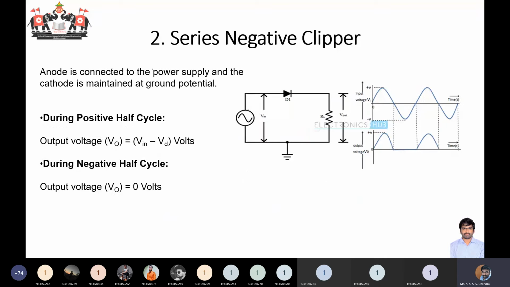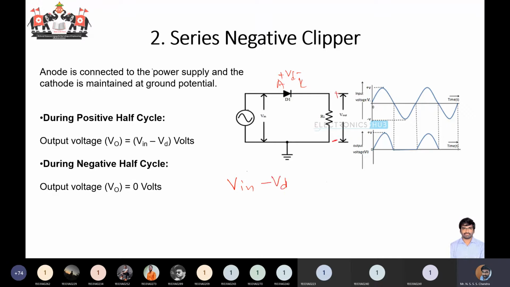Next, I will write the voltage when the diode is conducting. When the diode is conducting, across this anode and cathode we have Vd. So Vin, when you're moving across the diode from the anode, there will be a drop in voltage, that is minus Vd.